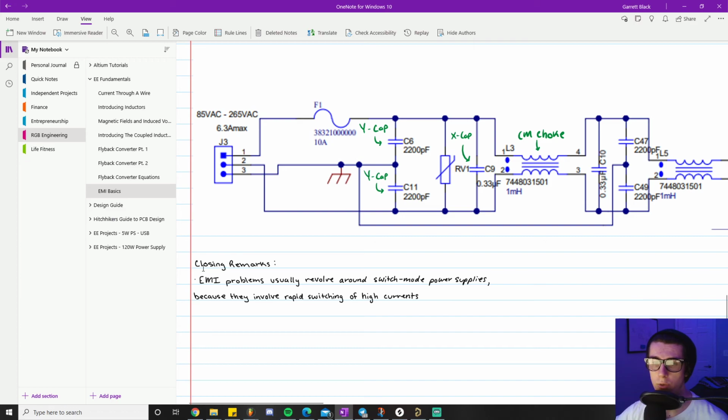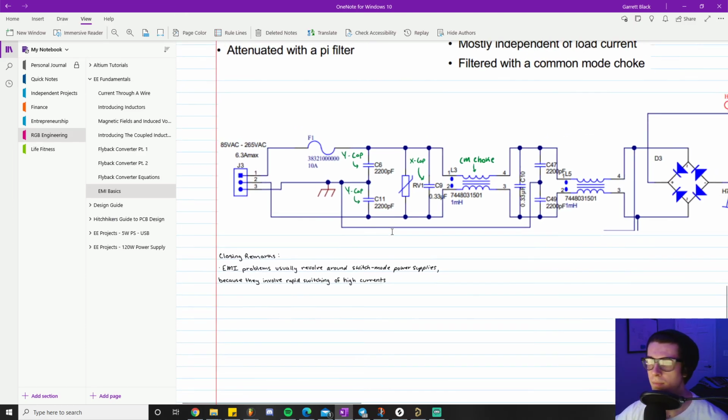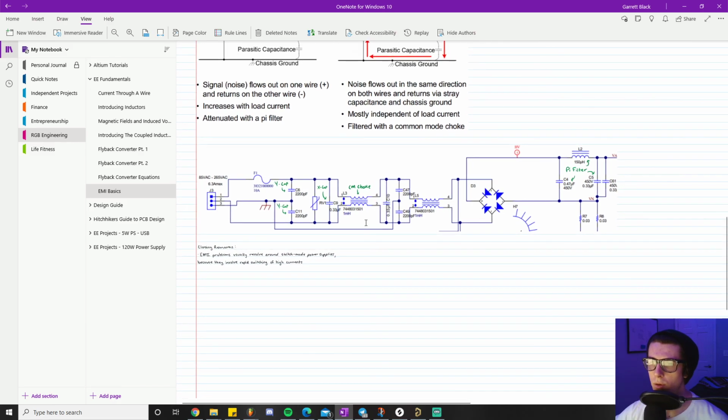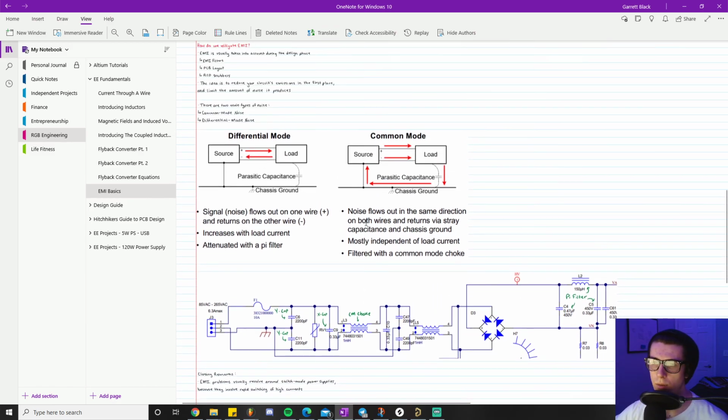So that's where a huge focus will be whenever you're trying to handle EMI. Anything that switches on and off fast, that's where your EMI problems come from, because they involve rapid switching of high currents. So yeah, that'll pretty much do it for the EMI basics video.